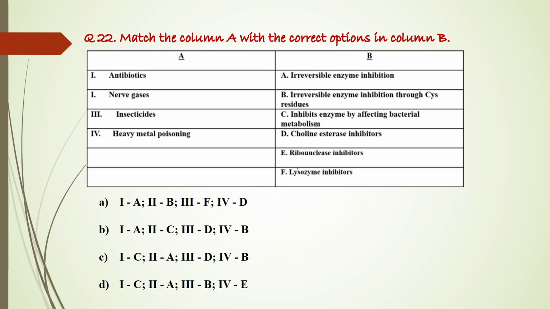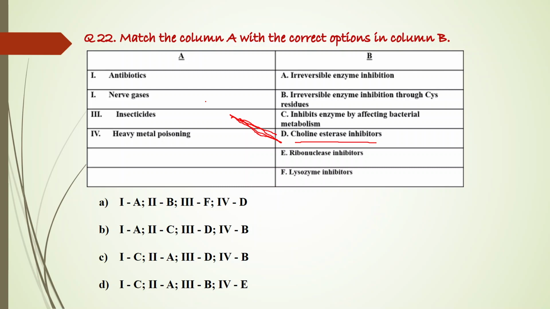Now, if you do remember, in the last session, week 5's first question was, how do insecticides work? And we said that insecticides are generally choline esterase inhibitors. So you already know this one because in last class we have solved this, that insecticides are generally choline esterase inhibitors.